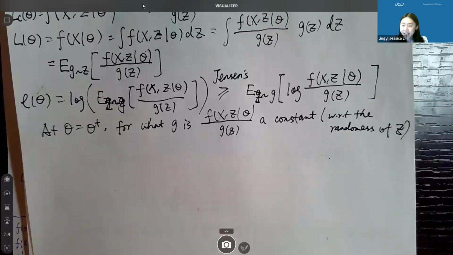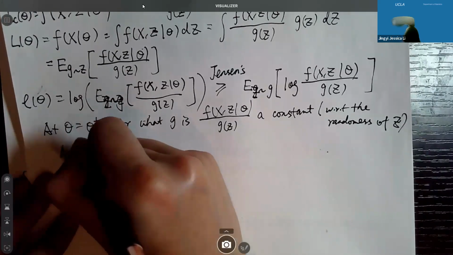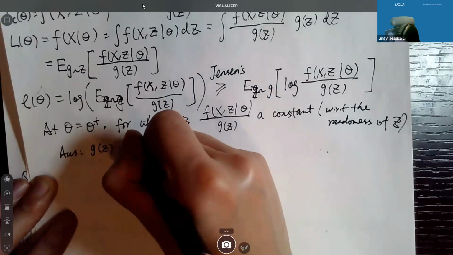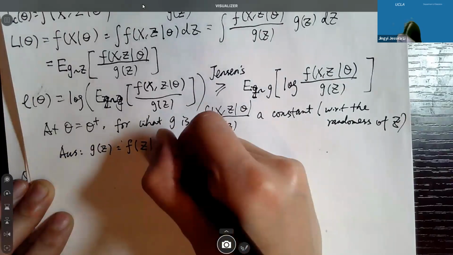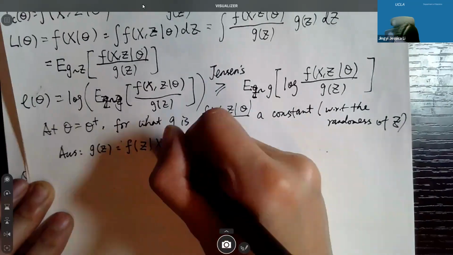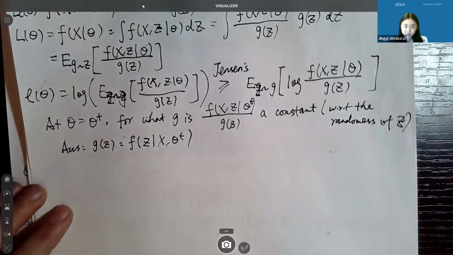Okay, and now the answer is g(z) must be equal to the density of z given x given theta t. That's it.